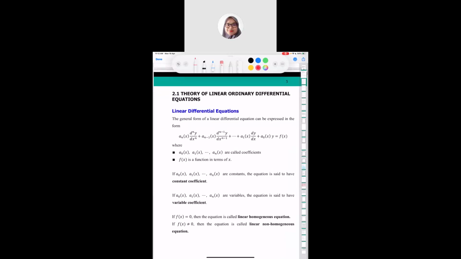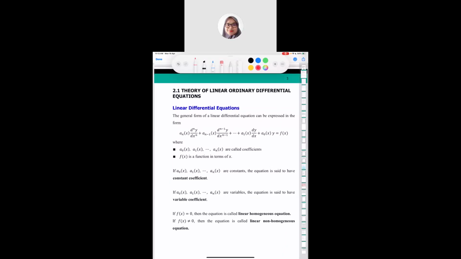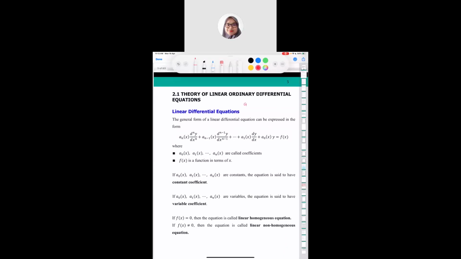Okay, so what is linear? Bear in mind, second order means our equation is in the form a(x)y'' + b(x)y' + c(x)y = f(x). So this is our equation in second order.